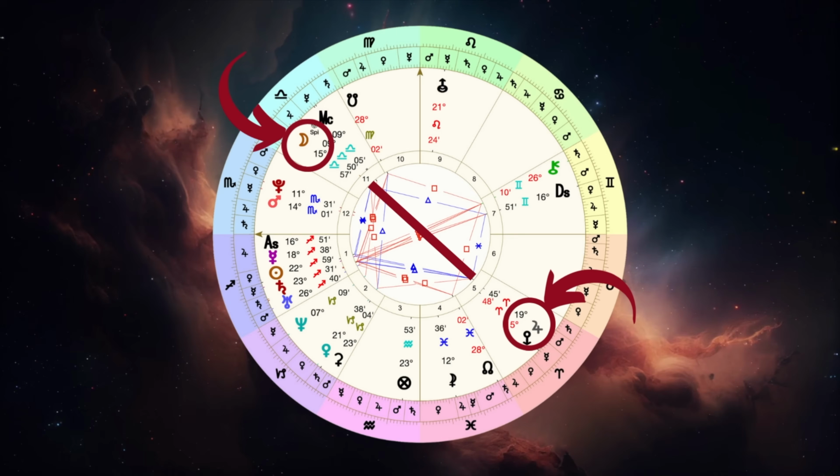Because this is a benefic energy with Jupiter, this can also indicate enhancing one's intuition. So this can be somebody who has a very strong intuition, a very powerful internal compass that tells them what's right, what's wrong, and when things are out of balance. And that can serve them in a really positive way.